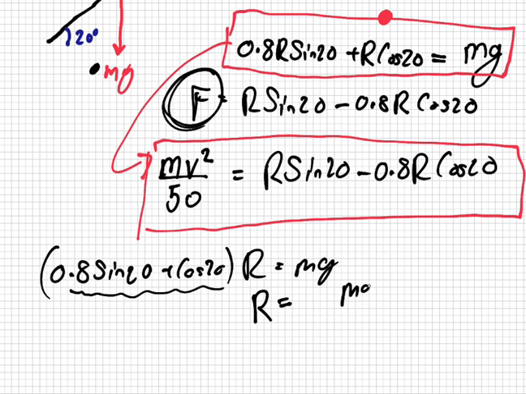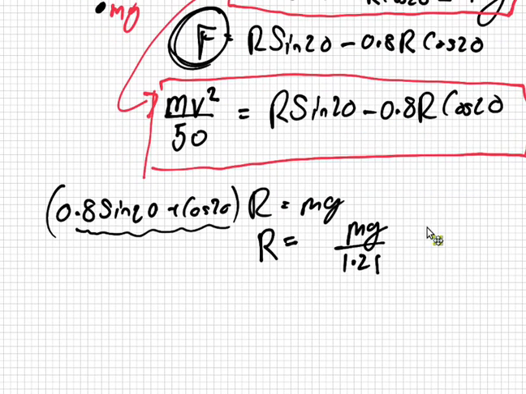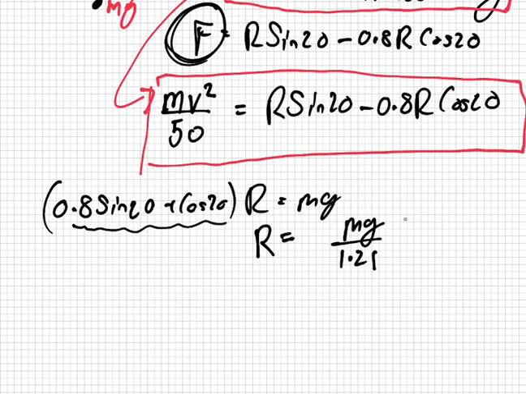It's 1.21, so it'll be mg over 1.21. Are we sure? I got 1.14. You have 0.8 sin 20 plus cos 20, in degree mode. Dana, what did you get? 1.21? Okay.